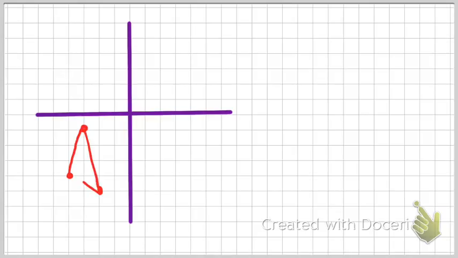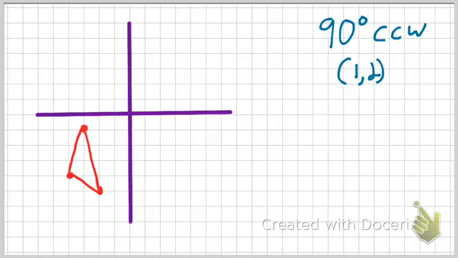This time, we're going to go 90 degrees counterclockwise, but we're not going to use the origin as the center of rotation. Instead, we're going to rotate around the point (1, 2). That's this point right here. That's our center of rotation.